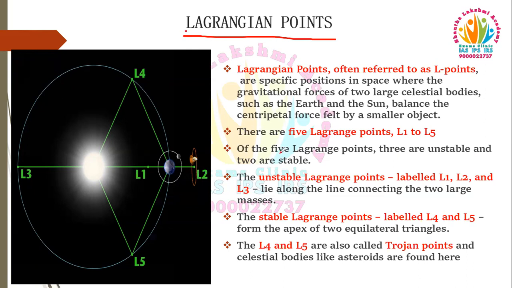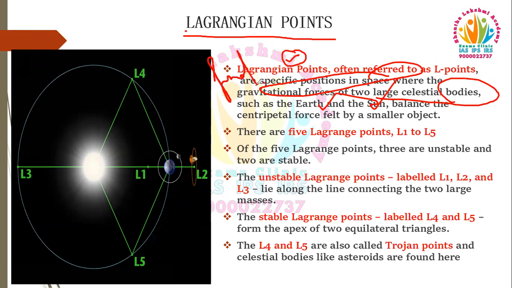Lagrange points are specific positions in space where the gravitational forces of two large celestial bodies, such as Earth and Sun, cancel each other out, such that any object placed at this particular point will not tend to move or deviate from its orbit. So we can say that the Lagrange points are parking spots for spacecraft to remain in a fixed position with minimal fuel consumption.